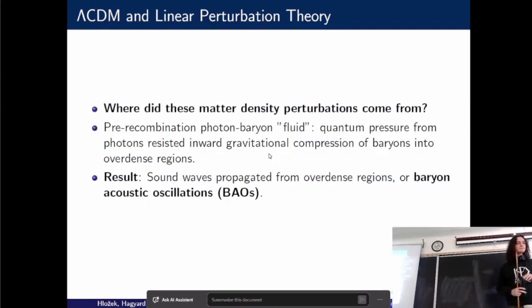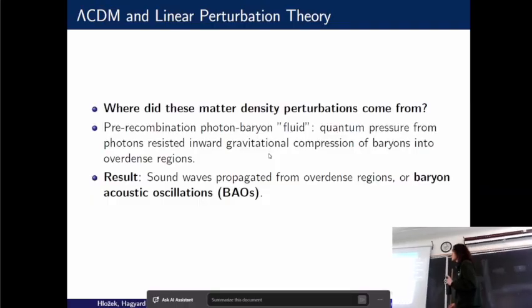So the reason that we see these matter density perturbations, and the reason why the universe is not sort of an equilibrium of density all over, is because we know that the photons that consist of the CMB have this quantum pressure that resists gravitational compression of baryon and other dark matter into over dense regions.